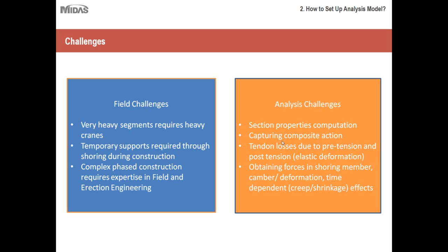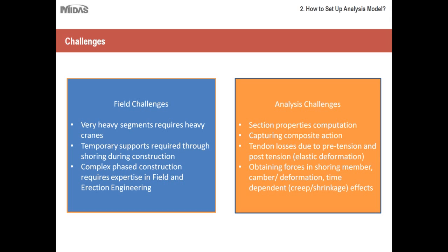Then capturing the composite action. Again, this section is constructed in 3 different steps, and there will be a time where the girder will be by itself, then there will be girder and the lid on top, which will behave as one section, and then after some time a third part is added to this section. So you have to capture the behavior of the entire cross section in different stages.